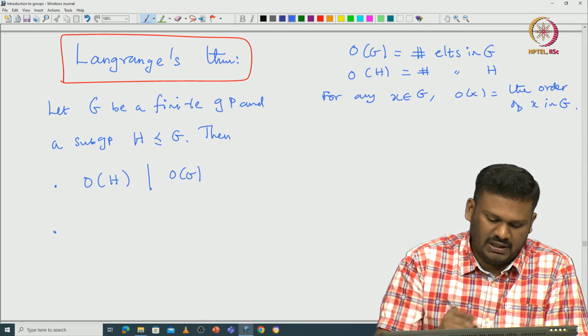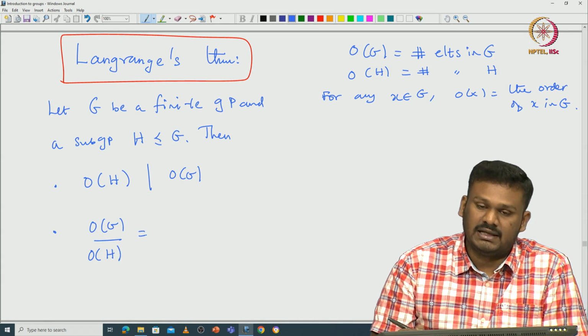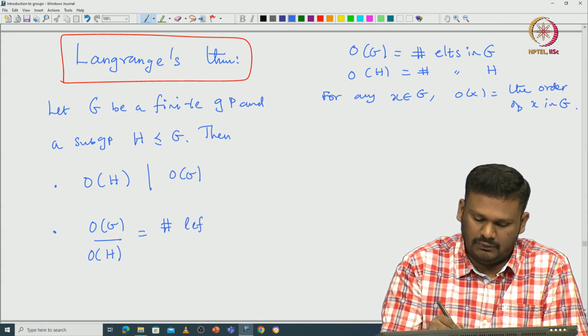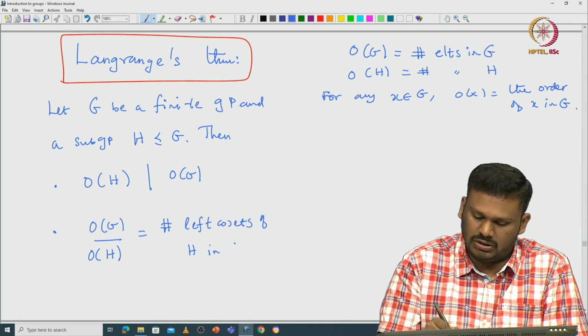The second part is that the ratio O of G divided by O of H exactly counts the number of left cosets of H in G.